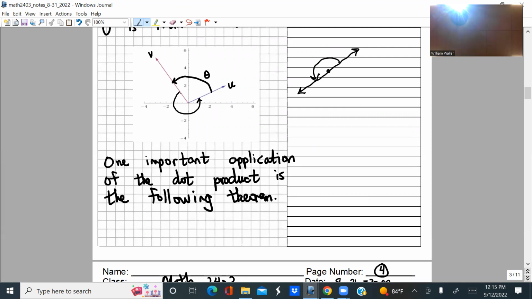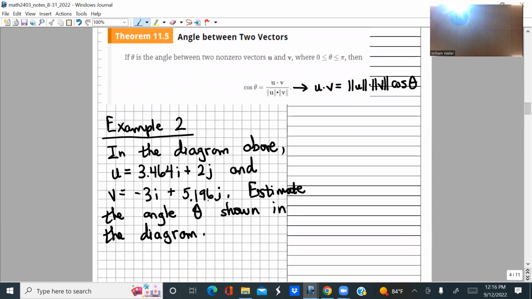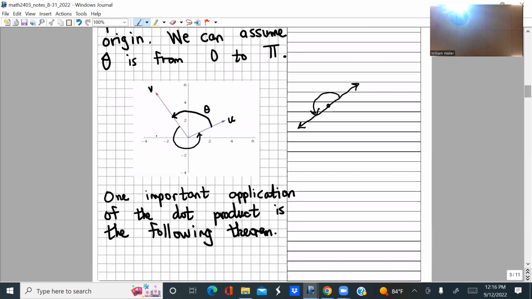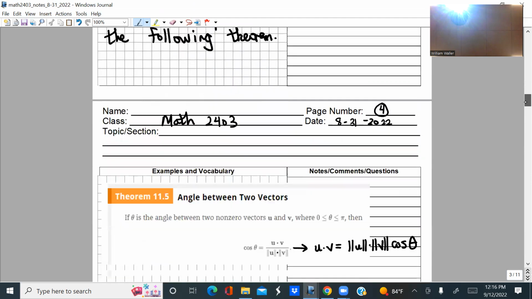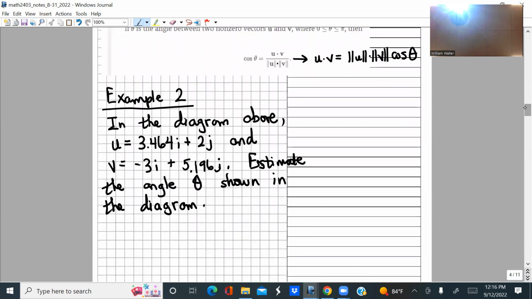And the vector v here over there in the second quadrant, that's supposed to have in standard form minus 3i plus 5.196j. Minus 3i does look like it could be minus 3i, and then 5.196j. Well, I guess it could be, right? We just want to estimate then that angle theta between those two vectors.